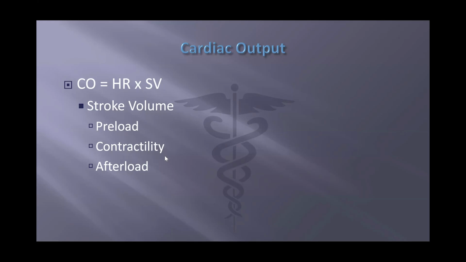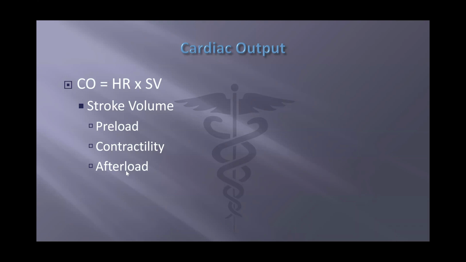Contractility: how strong is that cardiac muscle going to be at actually pumping that blood, at expanding and then contracting with this squeeze? So, how strong is the squeeze itself? And then afterload is what the blood is getting pumped into. You think of the diameter of the blood vessels as the critical component.